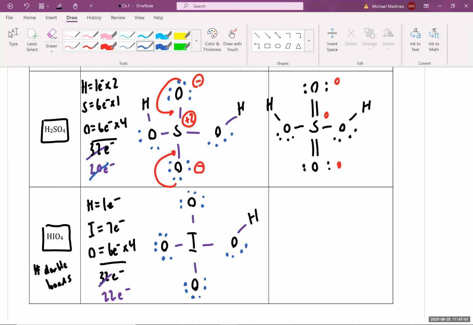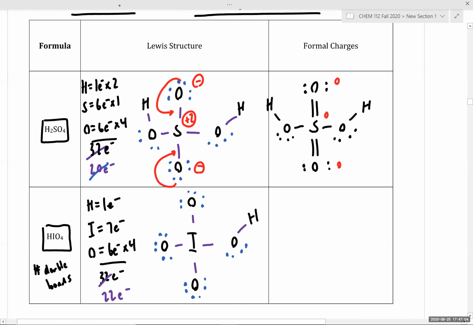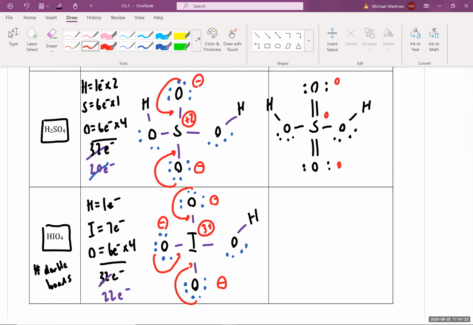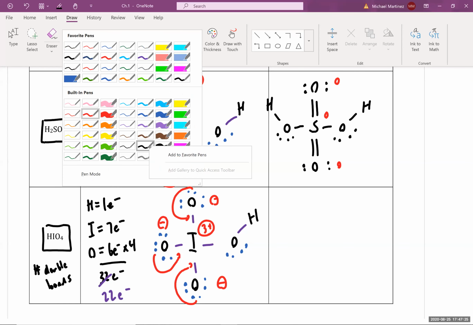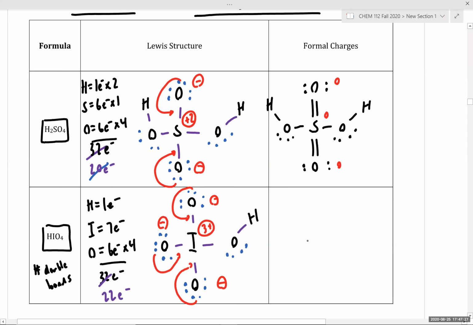Now, even though we've fulfilled the octet rule, if we look at the formal charge of iodine, it has a massive 3+ formal charge, and we have 3 oxygen atoms with a -1 formal charge. So we're going to move down 1 lone pair from each of our oxygen atoms and invoke an expanded octet structure to minimize formal charges.